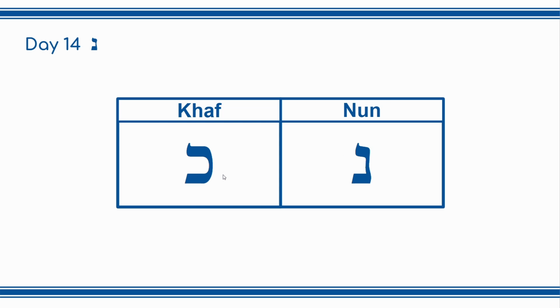And the way you can remember the difference between them is this. If you look at Chaf over here, Chaf is sort of curved. Do you see that? And Nun over here looks bent. This is specifically with book kind of fonts. Usually Nun is half as small as Chaf.